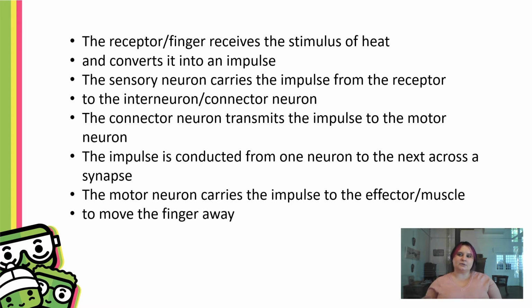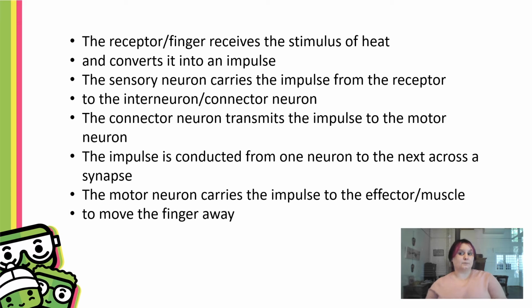Now this is a sort of standard answer that you could use for any question involving a reflex action. The only thing you would need to do is to change what the receptor is. So in this case, our receptor was the finger, and the stimulus might change. So in this case, it was the heat of the flame, but maybe your receptor would be your foot and you stood on a thorn.